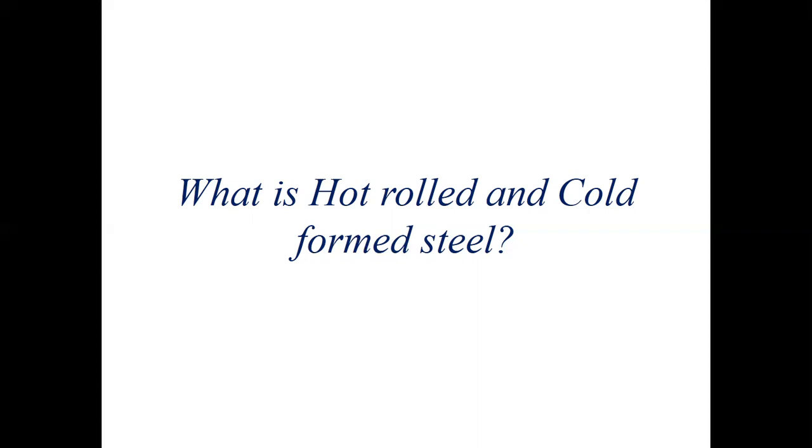This causes shrinkage. We all know the temperature variation will cause shrinkage, and it produces some residual stresses in the steel. This makes the steel not differentiate between the upper and the lower yield point. There will be only one yield point. That is called hot rolled steel.